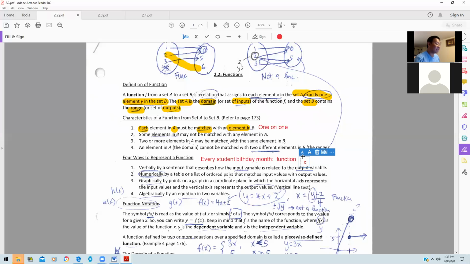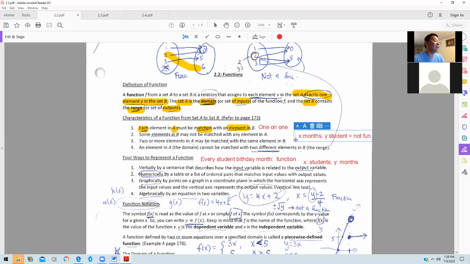Your X in this case is students, and Y in this case is your month, January, February. But if I interchange this, so X in this case is months and Y in this case is students, then this is not a function.